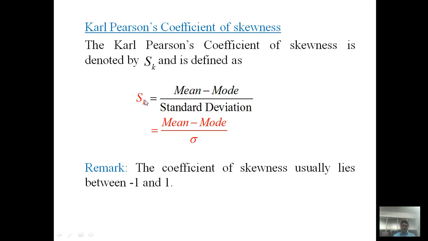So the Karl Pearson coefficient Sk is mean minus mode upon sigma. Now remember, the coefficient of skewness usually lies between -1 and 1. The value of Sk never exceeds the interval -1 to 1.